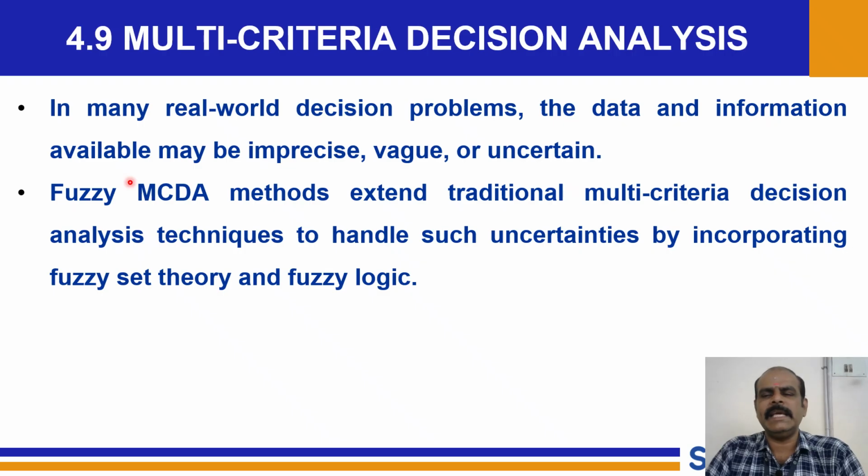Fuzzy logic is the best technique to handle imprecise and vague data. So fuzzy MCDA methods extend traditional multi-criteria decision analysis techniques to handle such uncertainties by incorporating fuzzy set theory and fuzzy logic.